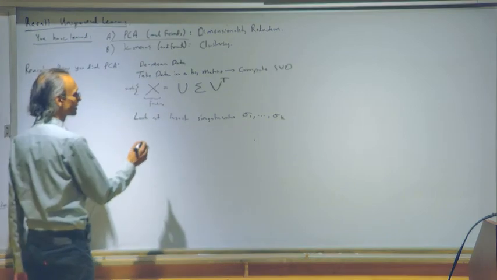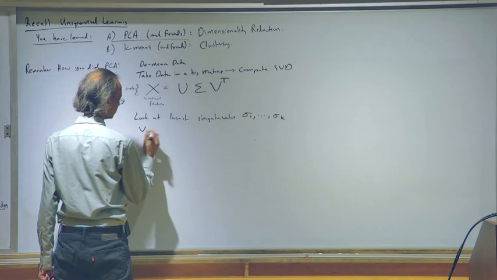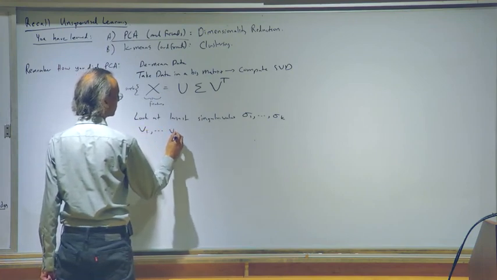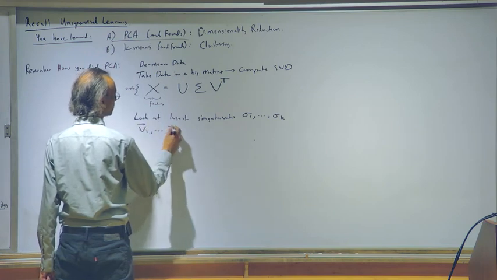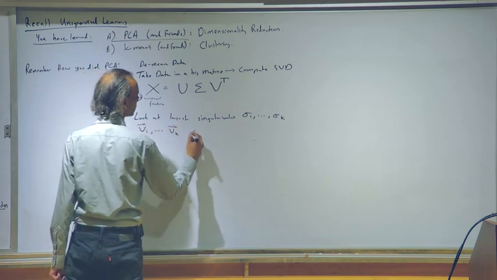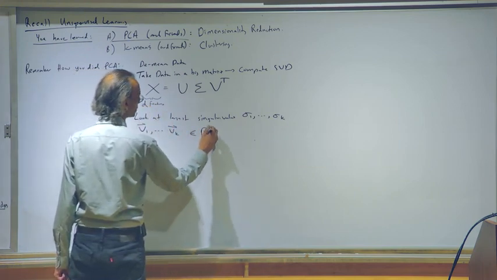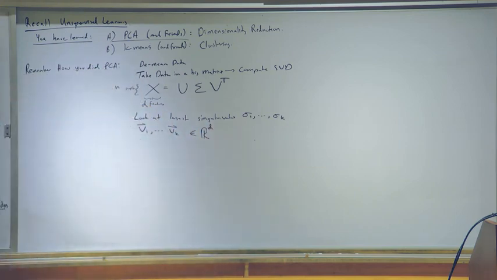Then V1 through Vk, these are all vectors in R^d, with d features and n samples. What do they do?